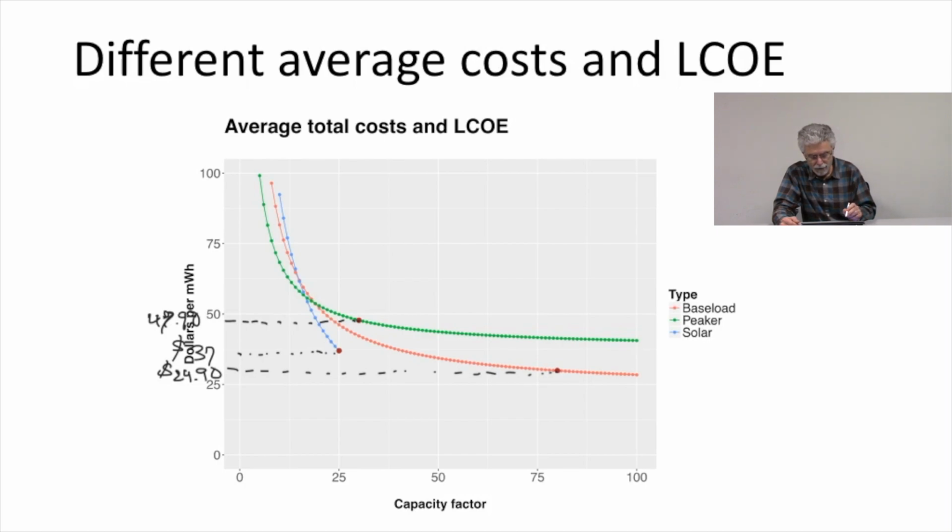We have solar right here with average cost and the levelized cost of energy from solar. Levelized cost of energy from solar is $37.